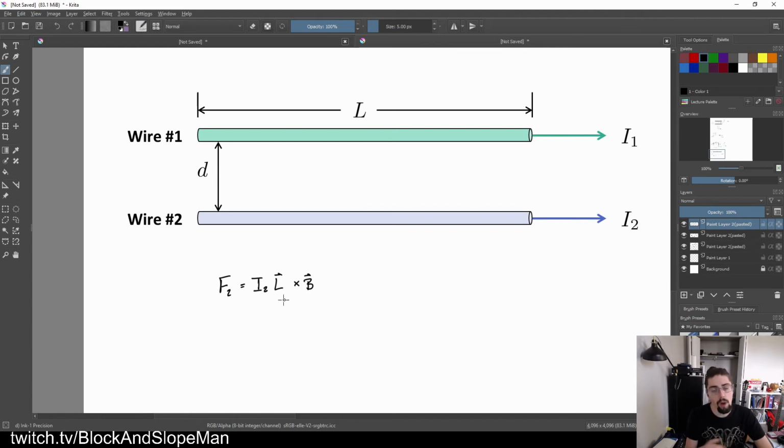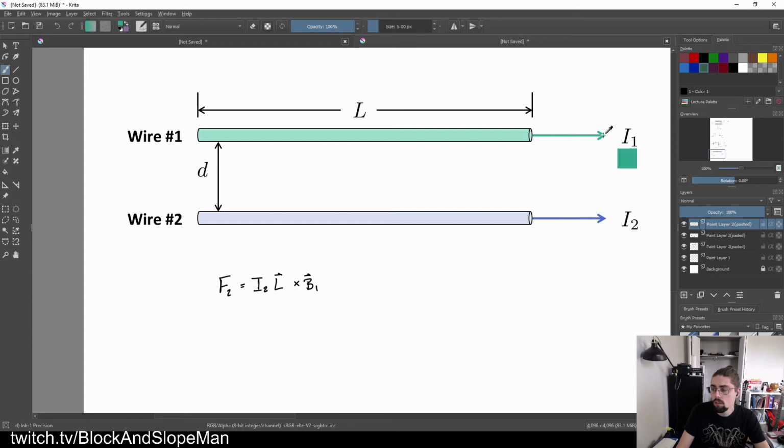It's not wire 2 acting on itself, because objects don't exert forces on themselves. It's the magnetic field from wire 1. So I'm going to label this as B1. So we got force 2 from B1.